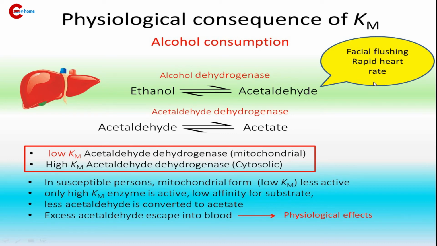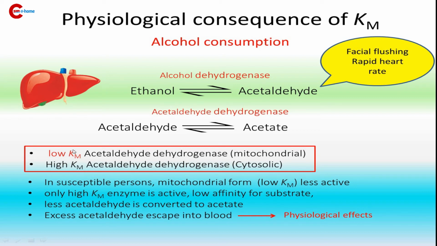But normally, this acetaldehyde is converted into acetate with the help of which enzyme? Acetaldehyde dehydrogenase. And this acetaldehyde dehydrogenase is of two types: a low Km acetaldehyde dehydrogenase and a high Km acetaldehyde dehydrogenase.